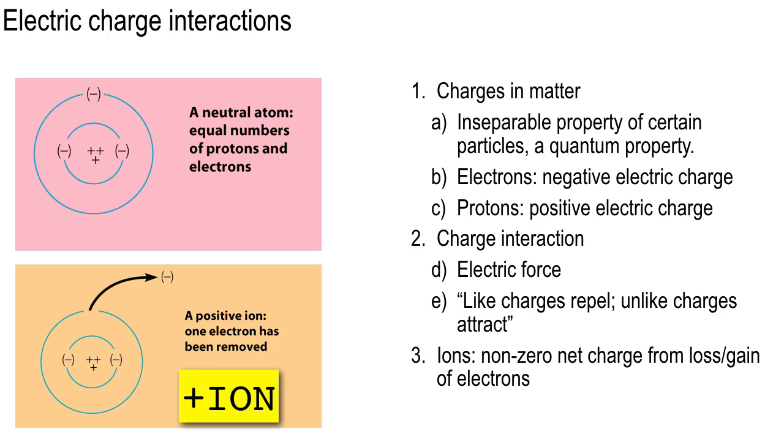If you have a regular neutral atom, like this picture here, the pink picture on top is an element with 3 protons in the nucleus, 3 pluses, and 3 minuses in orbit. And that's lithium. Neutral lithium is going to have 3 and 3.